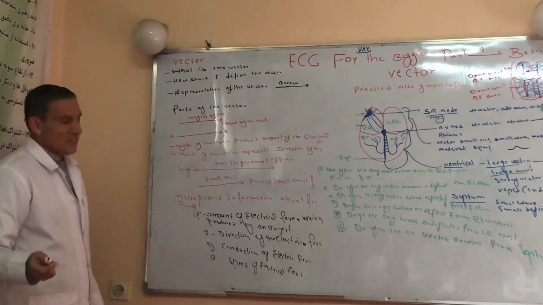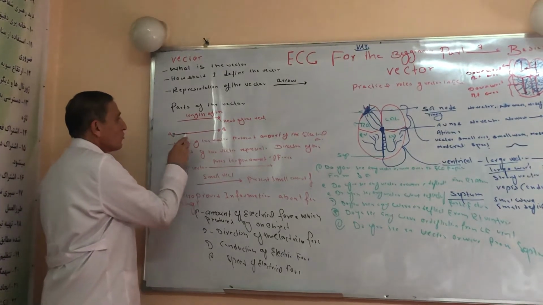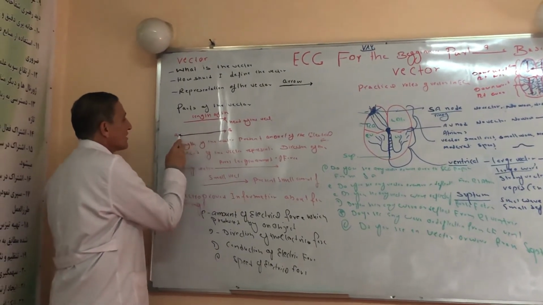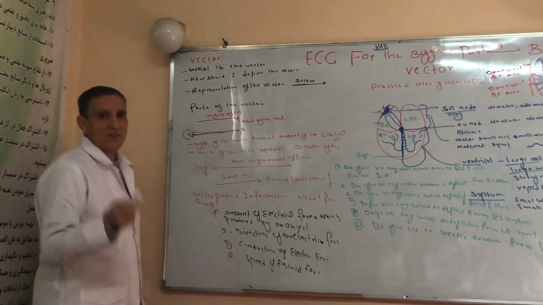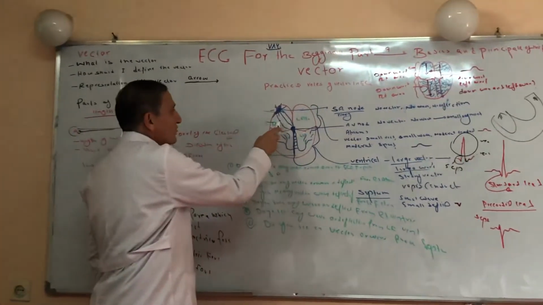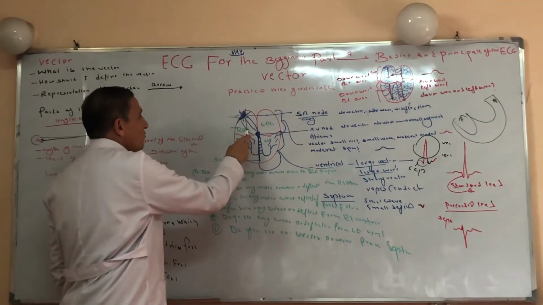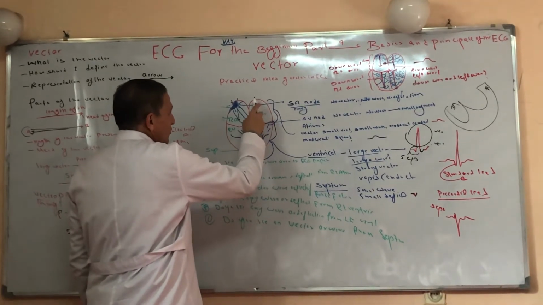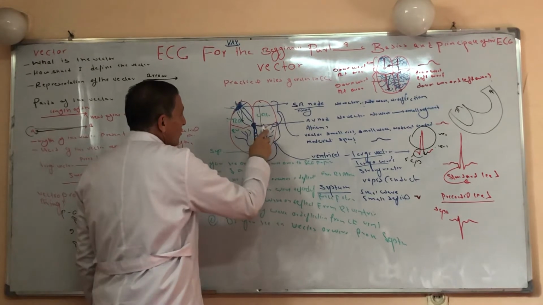Then the direction of the electrical force. For example, an electrical force is produced here and this electrical force goes to point B. So the direction of the electrical force may be from A to B. For example, when the electrical potential is produced from the SA node, and this SA node first leads to depolarization of the right atrium, the right atrium goes downward and leftward, and the left atrium is depolarized by the SA node, and it also goes downward and leftward.